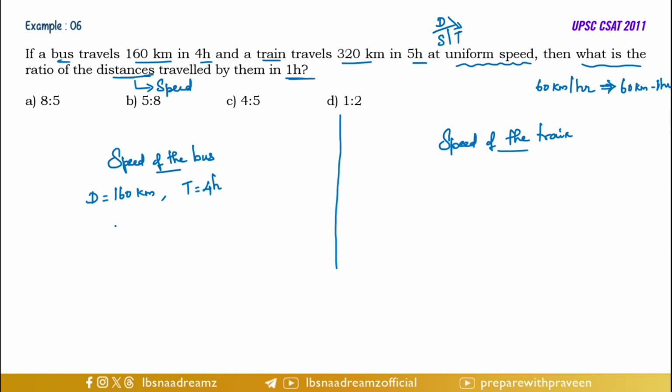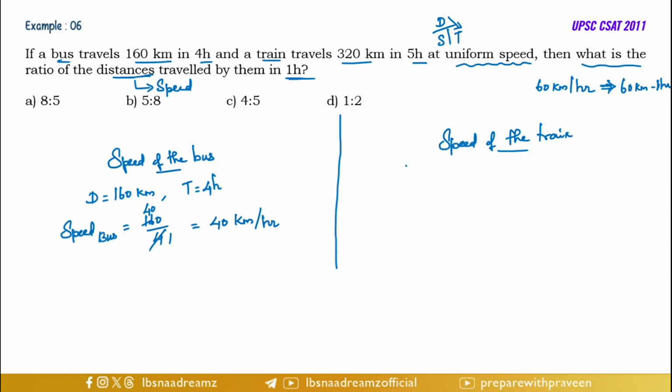Speed is equal to distance by time, 160 by 4. So 4 4s are 16, 40. So speed of the bus is equal to 40 kilometer per hour.